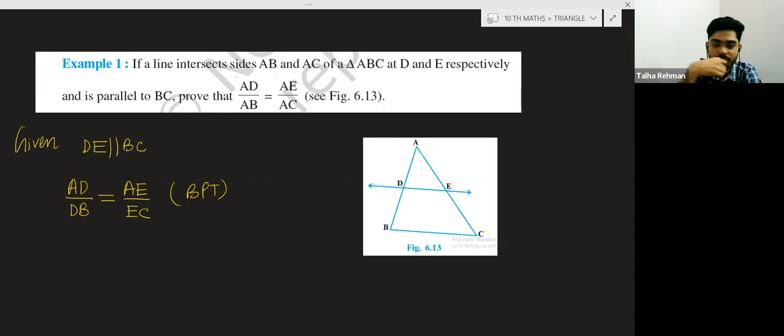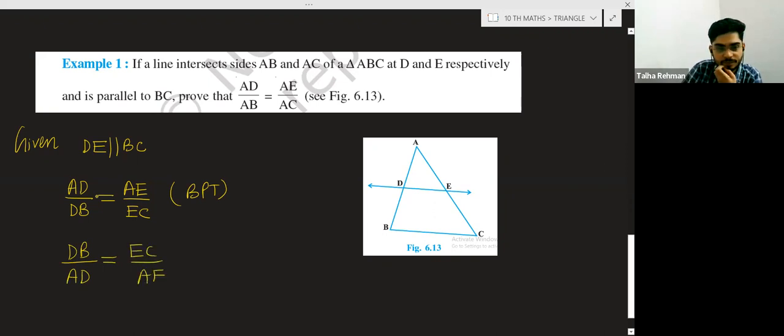Now write the reciprocal form of this equation. This will become DB divided by AD. Here also do the reciprocal. This will become EC divided by AE.